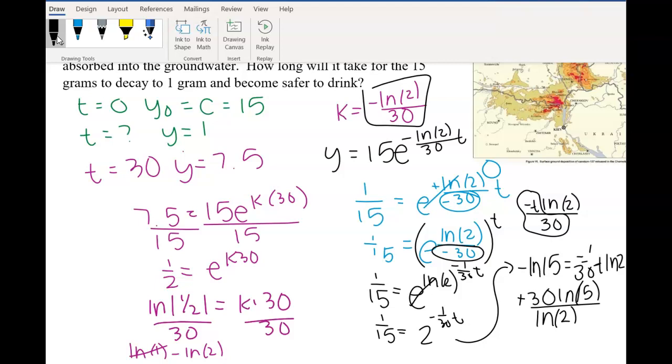Those ln's don't cancel, because they're not subtraction turning to division, it's division. And then you would take this on your calculator and get a number. And from what I recall, it's a pretty decent sized number.